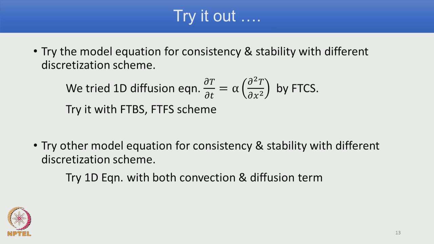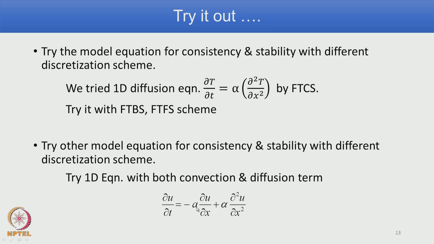For example, try a 1D equation. We have considered only the diffusion, you can actually include convection also as given here, dou u by dou t equal to minus a dou u by dou x plus alpha times dou square u by dou x square. This particular equation specifically is called Burgers equation. This is the Navier-Stokes equation without the pressure term, such an equation is called Burgers equation, and there is a convection term, but this is linearized.